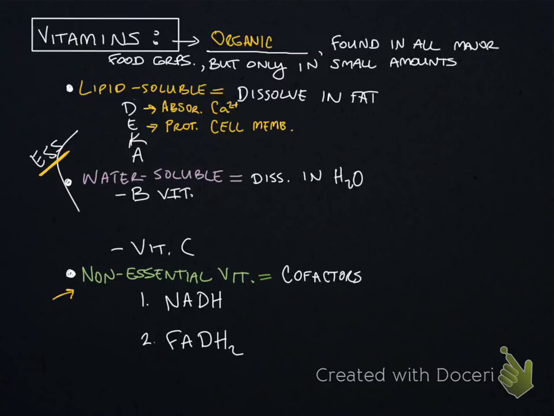Vitamin K is needed for making blood clotting proteins. And vitamin A is actually a precursor for a visual pigment.